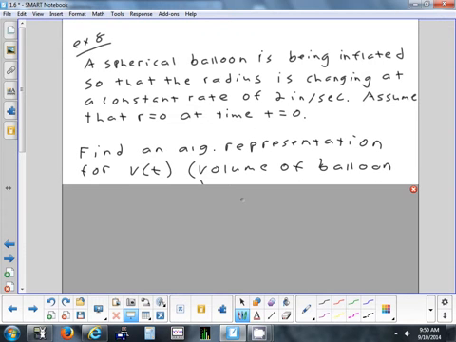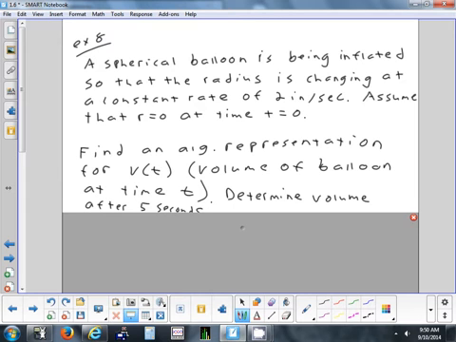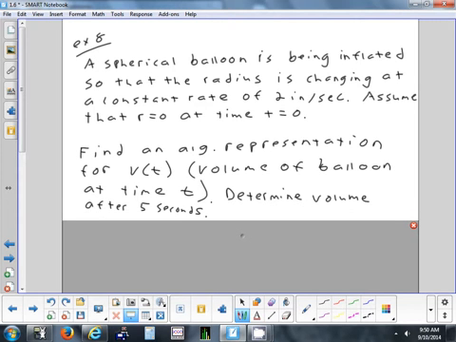I want to find an algebraic representation for V of t, the volume of the balloon as a function of time. Since this balloon is constantly being blown up, its volume is changing every second. So I want a formula that if I said to you, what's the volume of the balloon at 23.5 seconds, you could tell me. And then we could use that formula to find the volume after 5 seconds.